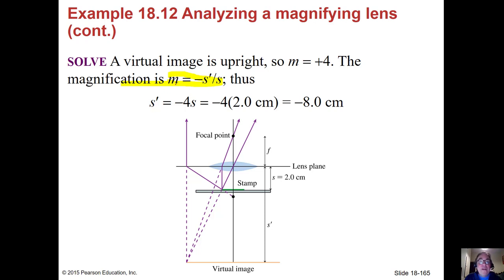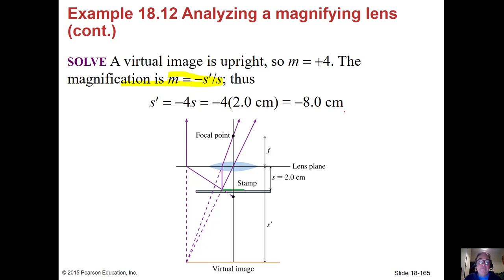Do a little bit of algebra to this equation and solve for S prime. You'd have S prime equals minus M times S, and they already put the M in here. So you get minus 8 for S prime. That is the image distance, and the negative sign means it's virtual and upright.